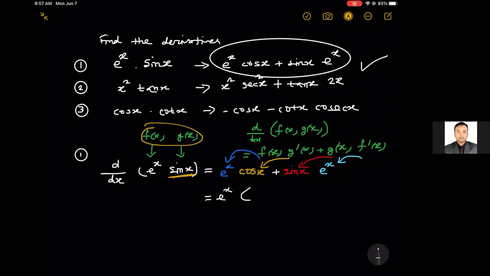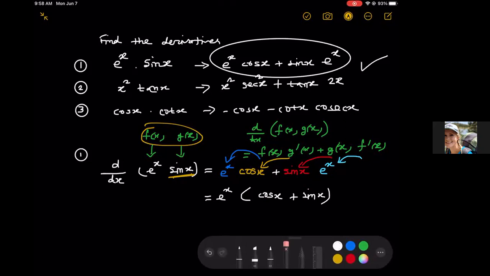You can definitely factor out e to the x, and it will leave you with cosine x plus sine x. It's not required. All right, any other question from the first one? Otherwise, you can move to the next one.